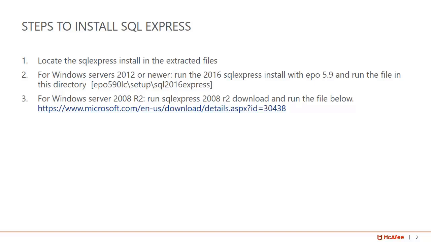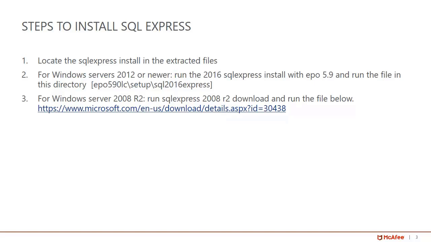My preference is to always install SQL manually to begin with, so that I can configure it in certain ways and then install ePO on top of that. But there will be circumstances where ePO can install SQL Express for you if you choose that selection in the installation setup.